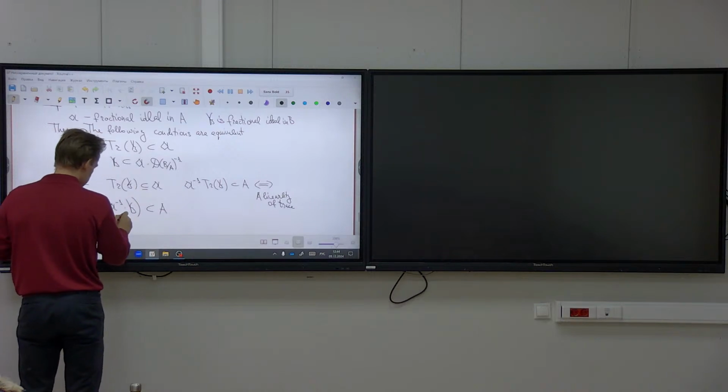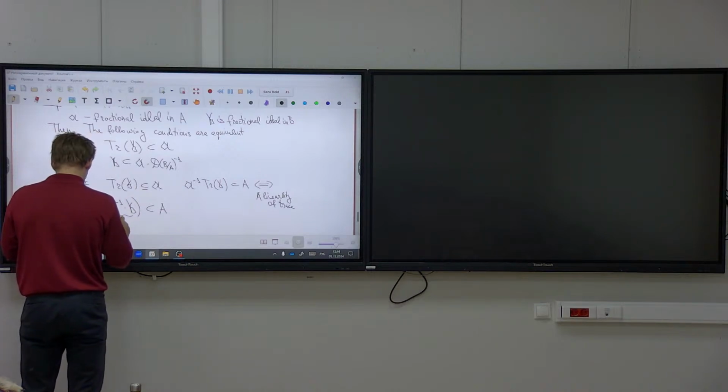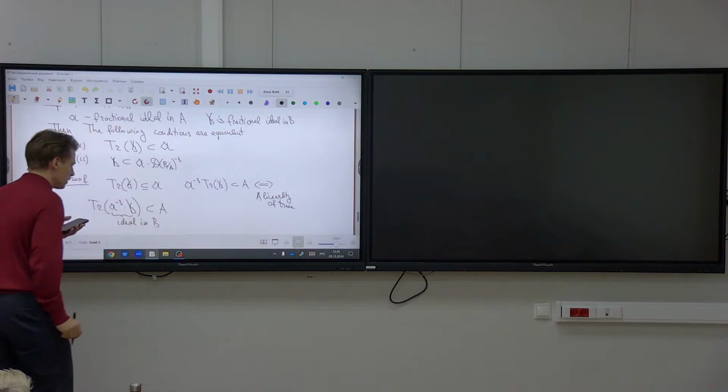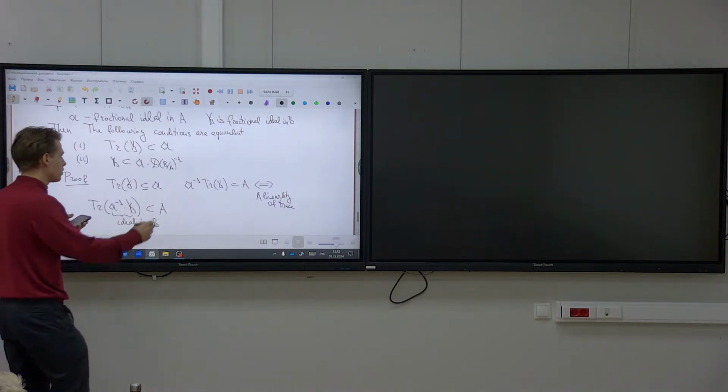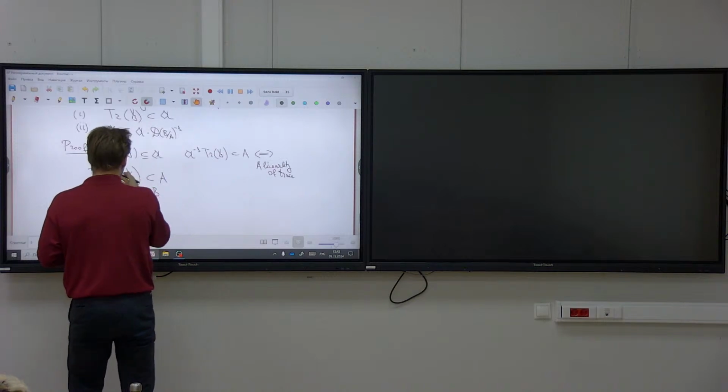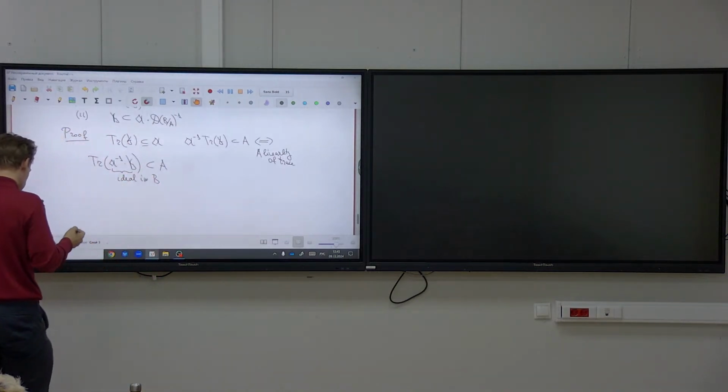And notice that this is an ideal in B. So we have to reformulate this condition.